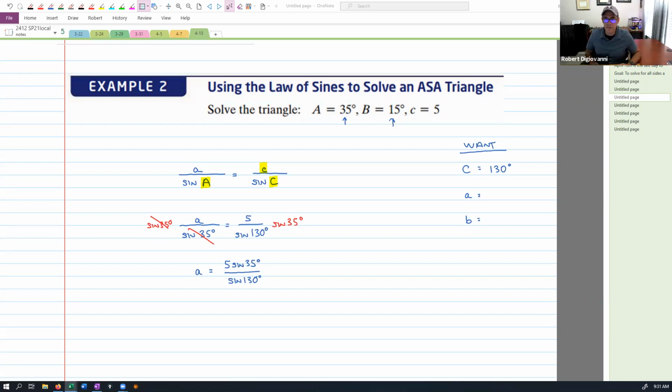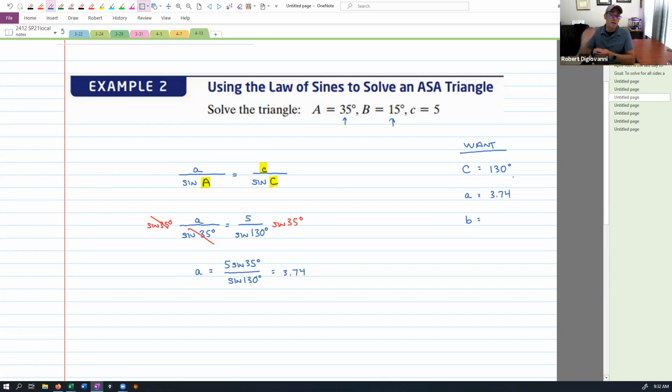Did you get something yet? I'll give you another second or two. 5 times sine 35 divided by sine 130. So 3.74. Yep, I'm getting the same thing. 3.74. So now we know what little a is.